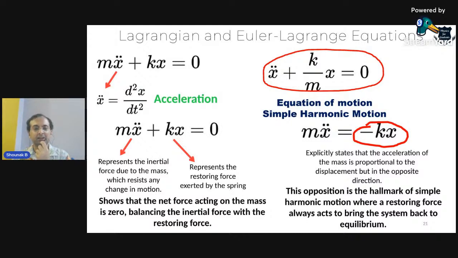This negative sign is a hallmark, something very important, of simple harmonic motion, where a restoring force always acts and brings the system back to equilibrium. So here you can see that minus k x explicitly states that the acceleration of the mass is proportional to the displacement, but in the opposite direction.